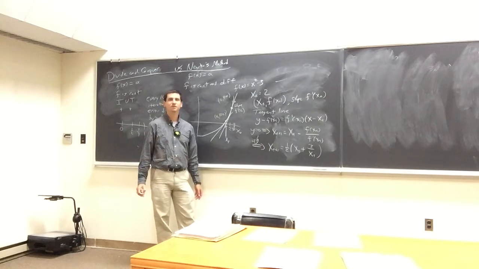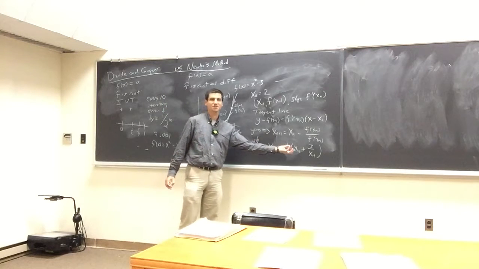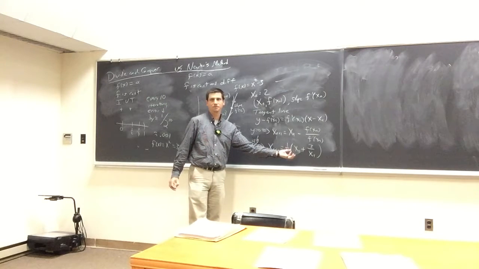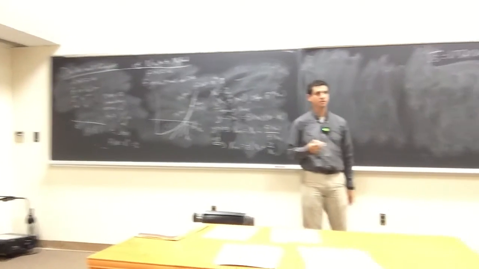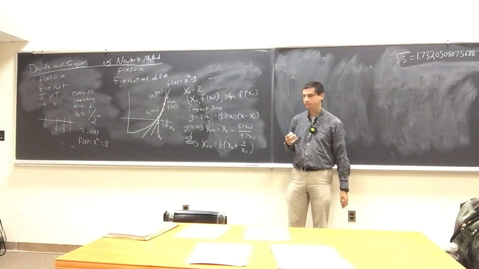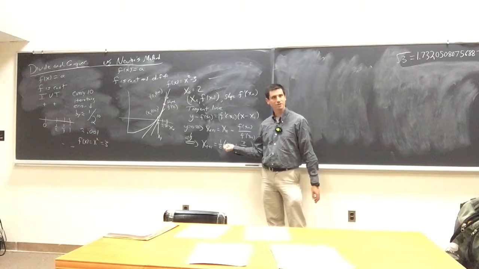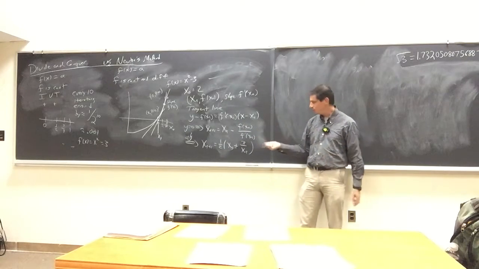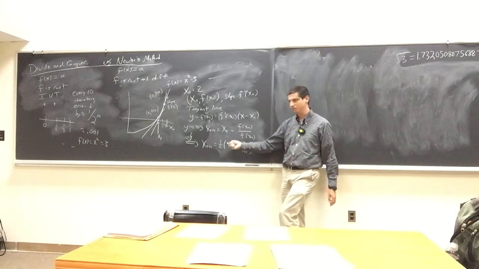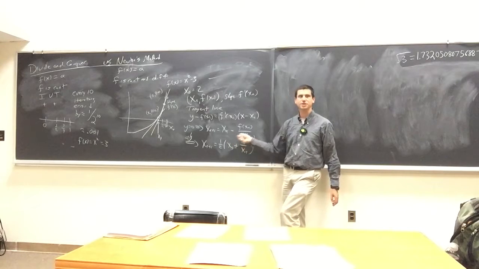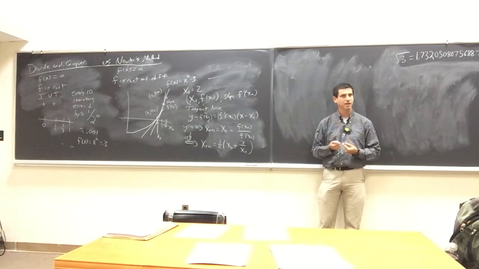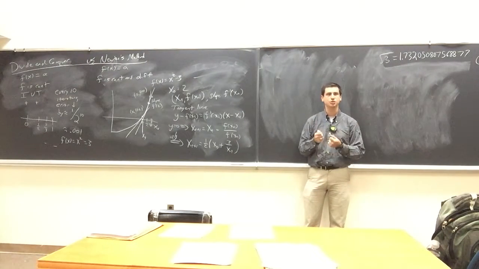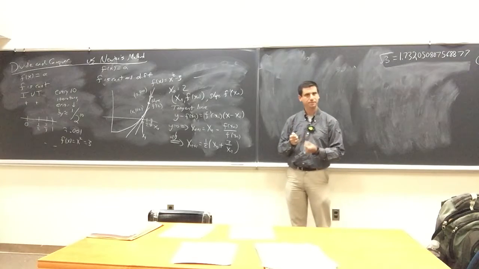What would that limit be? Root 3. But we're trying to find the square root of 3. So if you actually plug in xn equals root 3, you get root 3 plus 3 over root 3. That's 2 root 3. Divided by 2 is just root 3. So it sends the solution back to itself. And it's going to send anything close to the solution even closer.